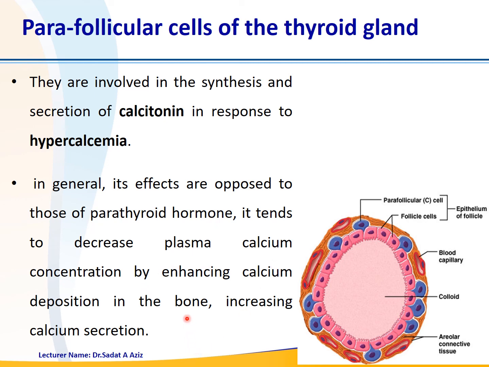So it induces the bone cells to uptake calcium. It increases the calcium deposition within the bone, and also increases calcium excretion through the kidneys. Through these two main pathways, the calcium level can return to its normal level with the aid of calcitonin, which is secreted by the parafollicular cells.